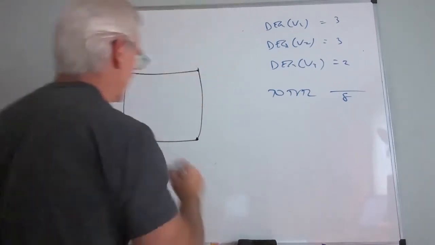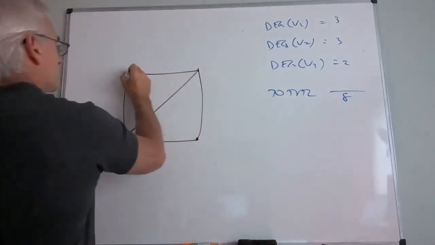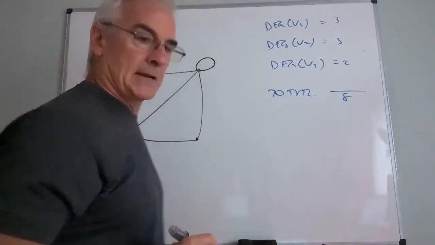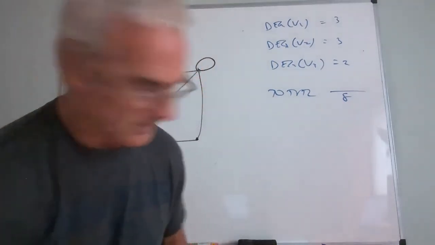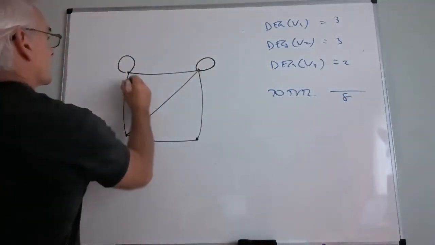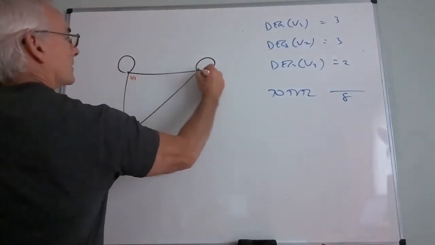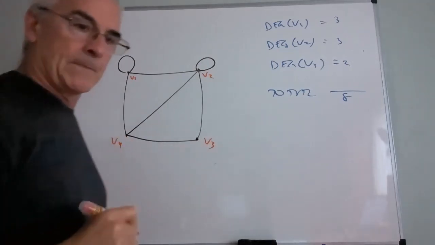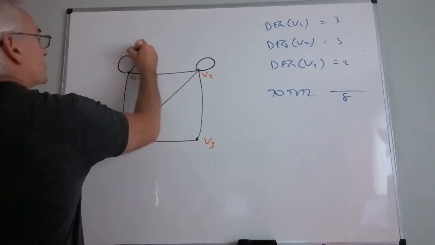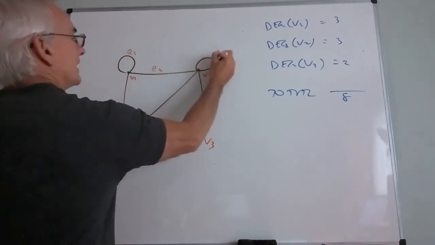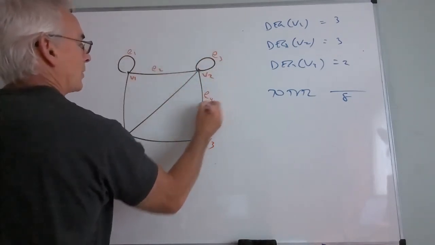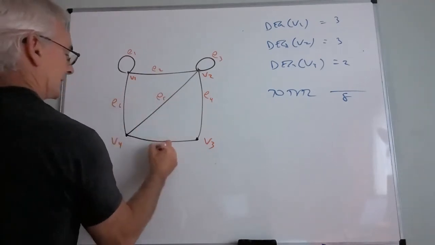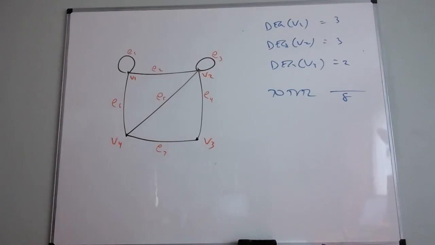Let's say I've got V1, V2, V3, V4, and we'll call the edges edge 1, edge 2, edge 3, edge 4, edge 5, edge 6, edge 7. I think that would work.